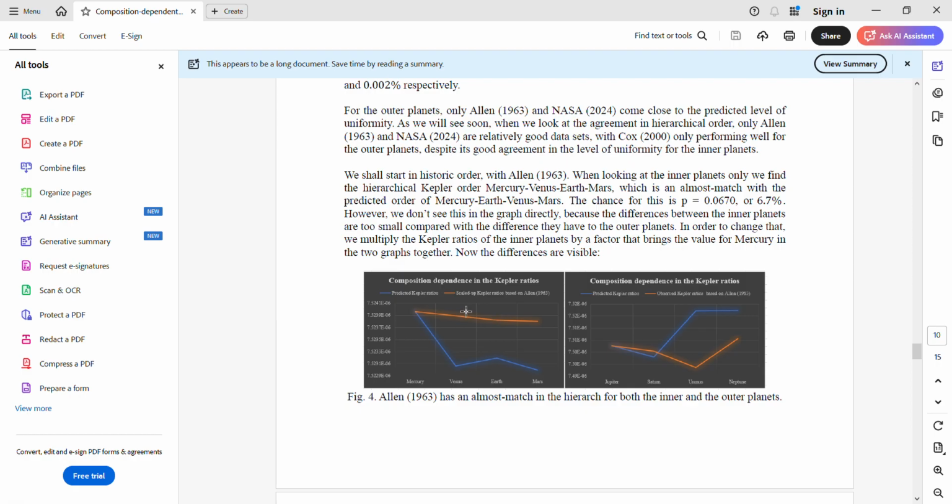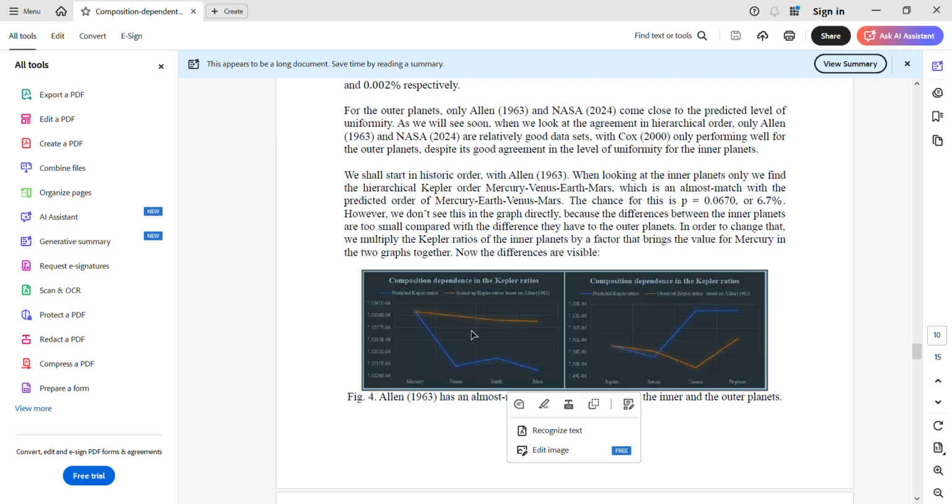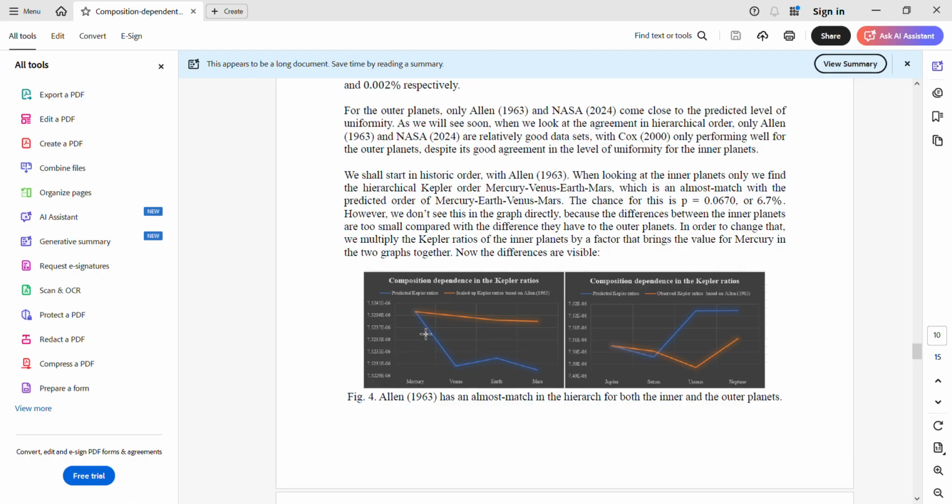But I wanted to see that in the diagram, and it was impossible to see because the graphs for the predicted ratios and the semi-observed, like not really observed, but sort of observed ratios, were separate, and so you could not zoom in to really see the shape of the graph there.